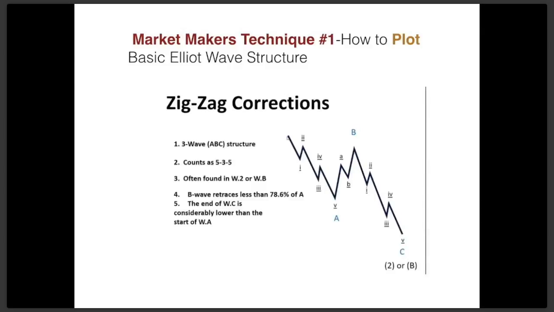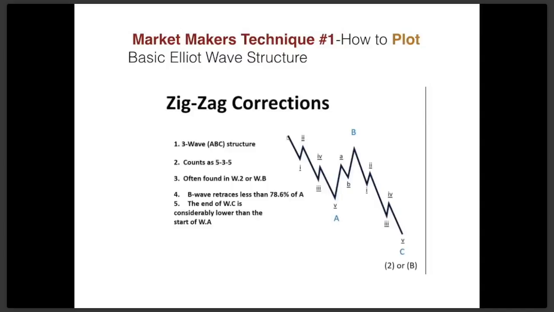So when we break down a corrective ABC zigzag pattern, we can find first an impulsive 5 waves to the downside, followed by an ABC corrective wave higher from larger degree wave A to wave B in blue, and then followed by an impulsive 5 waves to the downside.